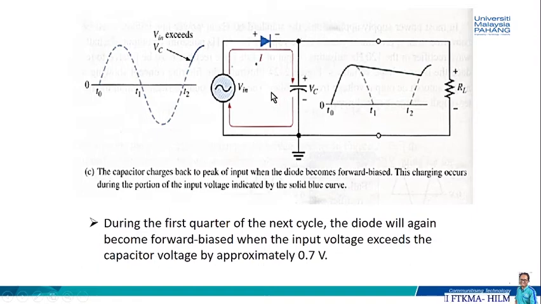So the output voltage is going to be like this. This is when the discharge happens, and this is when the diode is forward biased again and the capacitor is being charged, and this is going to be repeated for the next cycle.